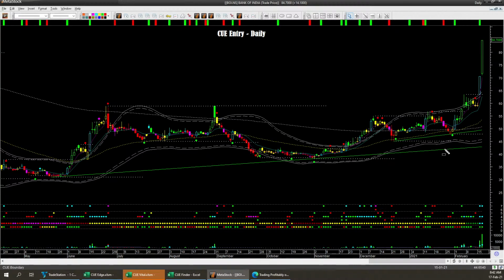But look at this stock showing the pattern that I described just now. It was moving inside a narrow range. Then we had a gap up, large bullish candle that broke out of the range with heavy pressure, very high volume.